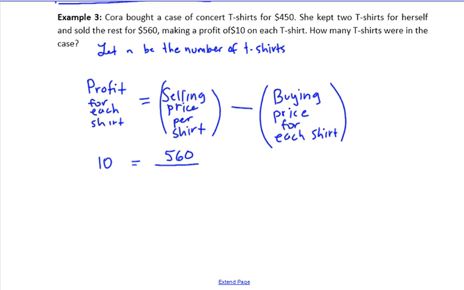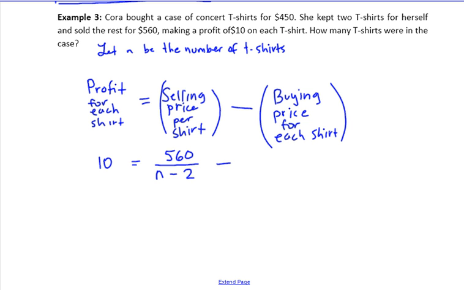We need to figure out, but this was for n shirts, and this is for n minus 2 shirts, because she kept 2 shirts for herself. So the selling price per shirt would be $560 divided by how many shirts she actually sold, which is n minus 2, right? Because she kept 2 for herself, she only sold n minus 2 shirts.